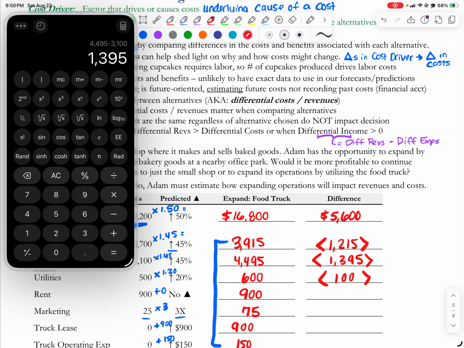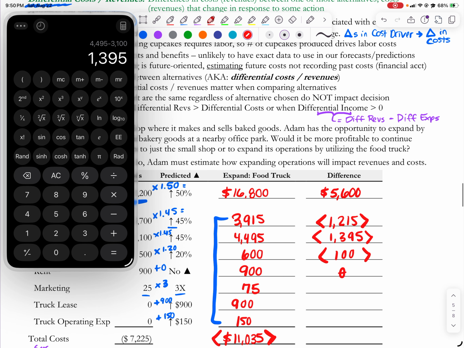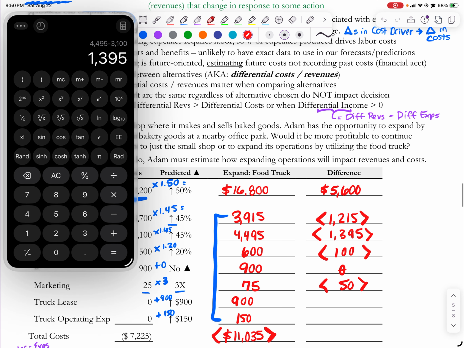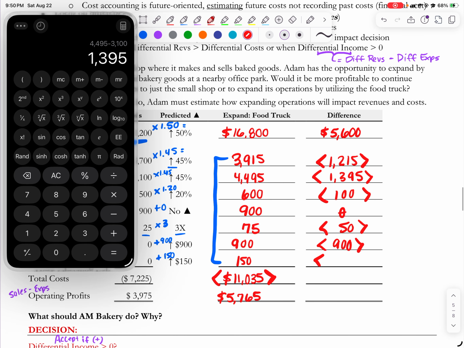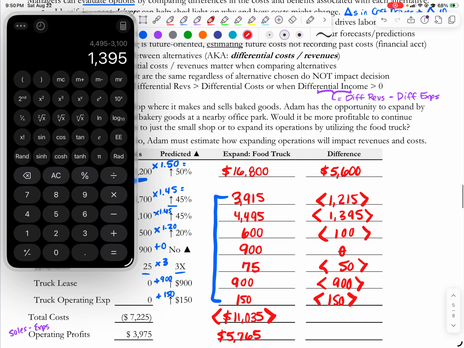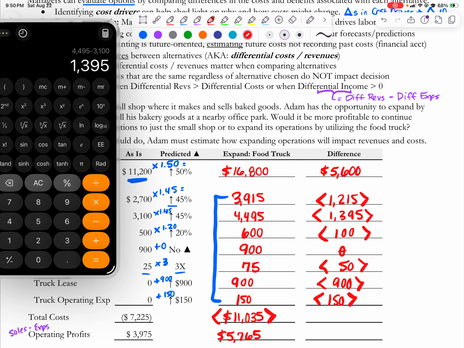Rent did not change, 900 minus 900, no change. Marketing went from 25 up to 75, so it's increased, so negative effect. 75 minus 25 is 50. Truck lease went from 0 up to 900, so it has increased. So it's got a negative effect, 900. 0 to 150, increased by 150. It's a cost, so it has a negative effect, negative 150.